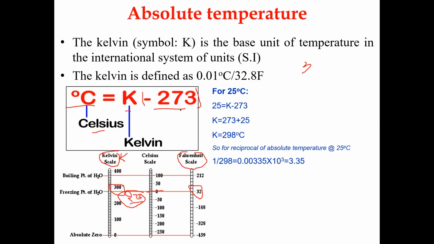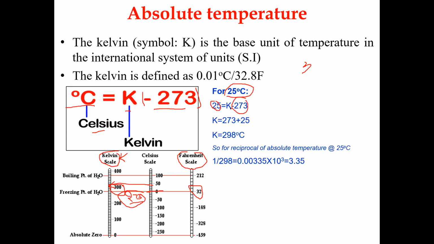Now, suppose I want to convert centigrade to Kelvin, let us take an example. I want to convert 25 degrees centigrade into Kelvin temperature. So what is the Kelvin temperature? You can say. As per this formula, degree centigrade, put it here: 25 is equal to K minus 273 is the standard formula.